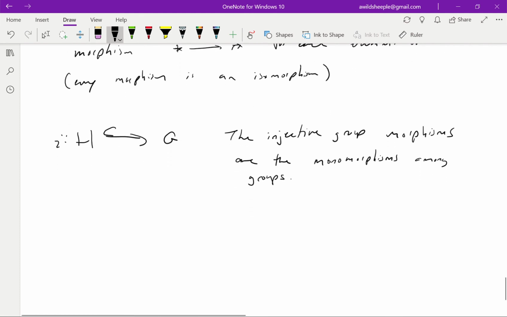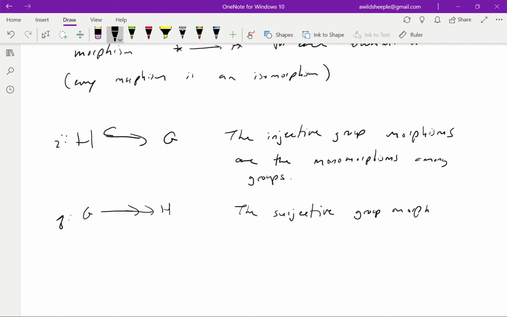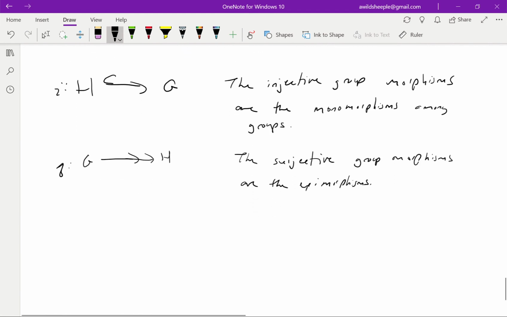And similarly, for a quotient group, these were just the surjective group homs. And the way that you see this is just the first isomorphism theorem of group theory.